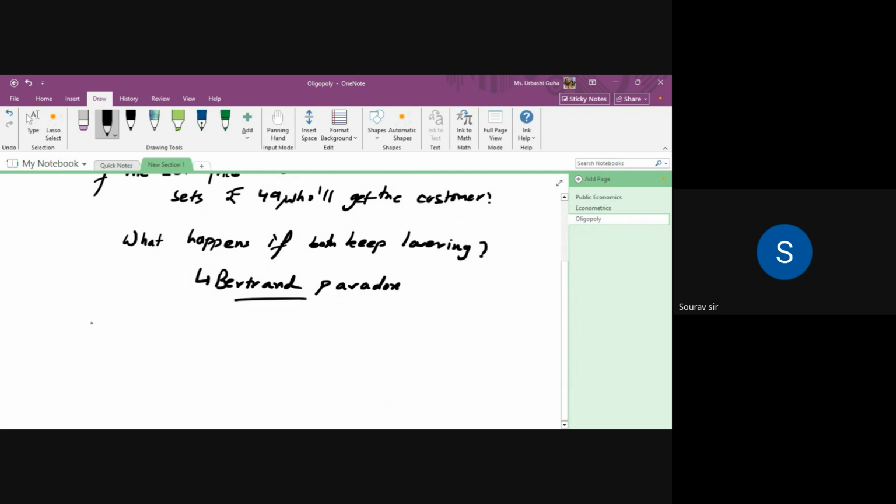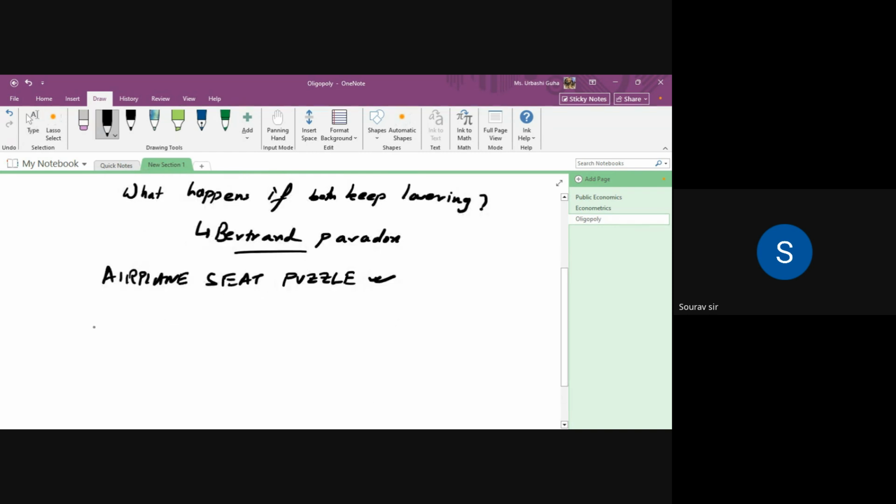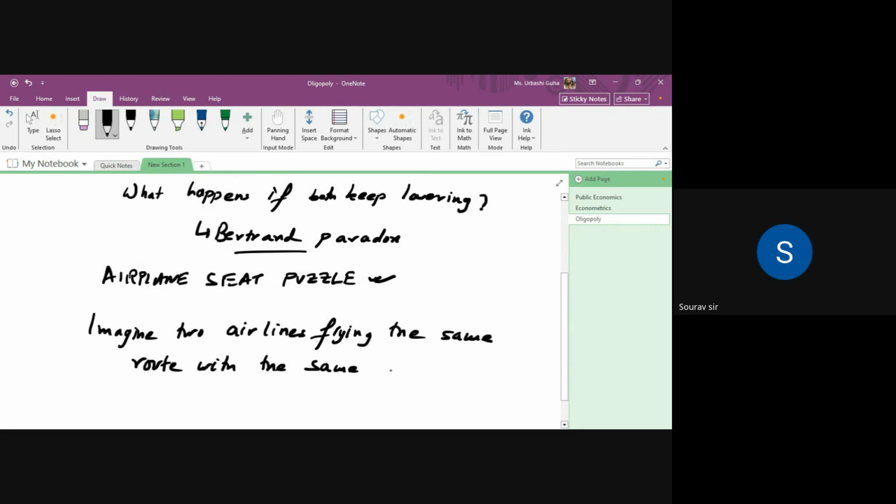Now, another concept, the airplane seat puzzle. That is also related to your economics theory. So here, imagine two airlines flying the same route with the same cost per seat.